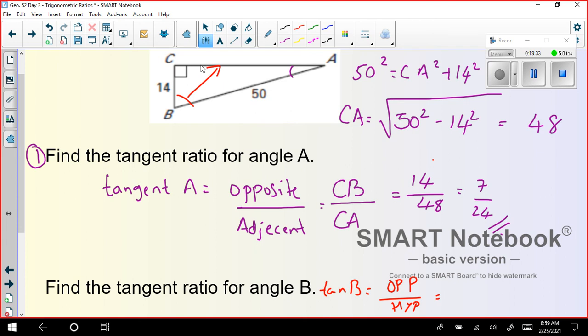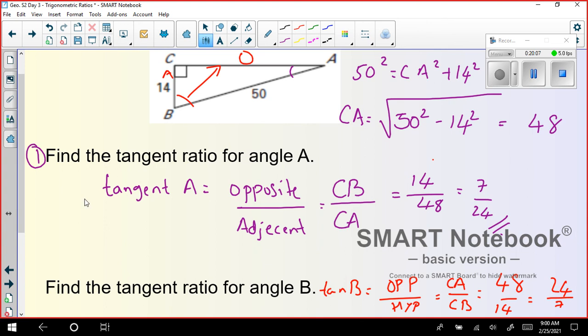So CA will be the opposite side, and the adjacent side is CB. So you will write here CA over CB, which is nothing but 48 over 14. If I simplify that, I'll get 24 over 7. If you want, you can write this later as a mixed fraction, or even in decimals.